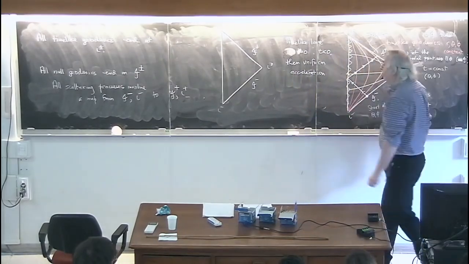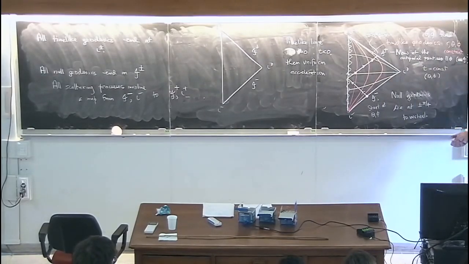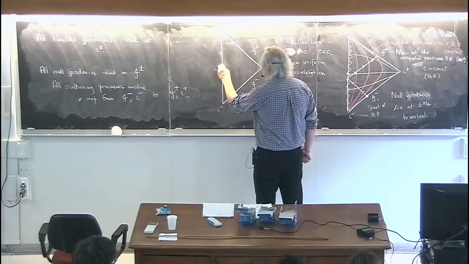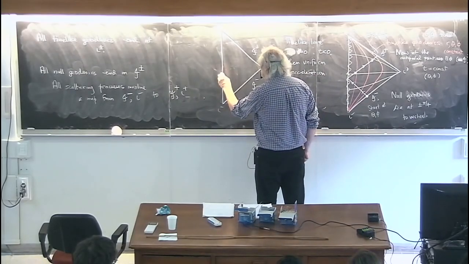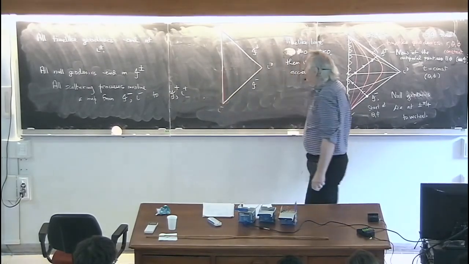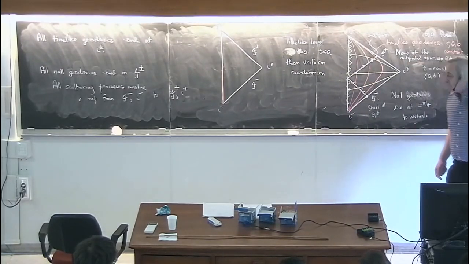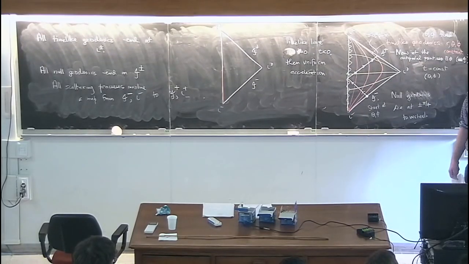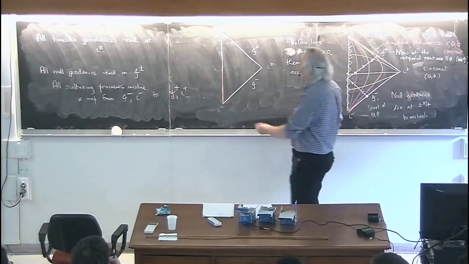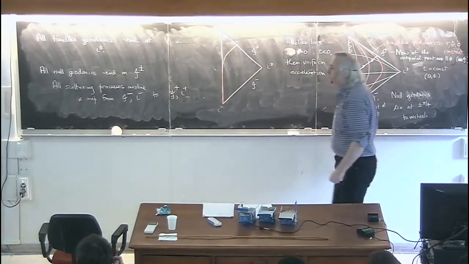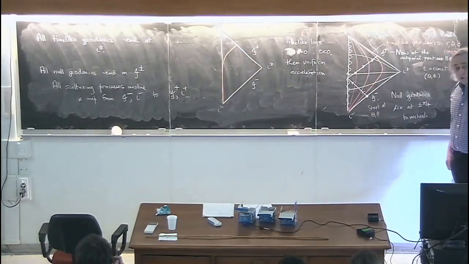What happens to this unfortunate observer? Well, up till t equals 0, it just simply goes along here. Then it starts to accelerate. And of course, at some point, that means that relative to the origin, the velocity becomes asymptotic to the speed of light. And so it looks something like this. So that's the trajectory of such an observer.